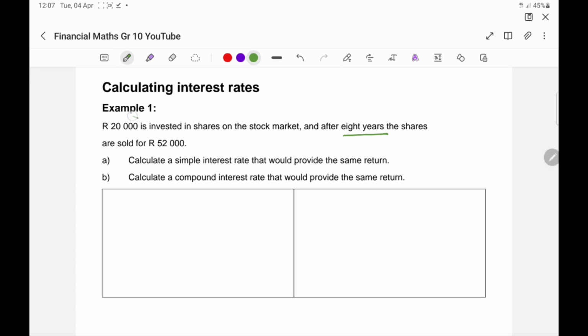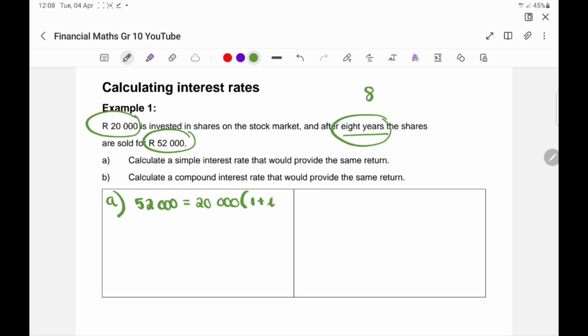Okay, so in both of the scenarios, we've got the present amount, we've got the future amount, and we know that it's 8 years. So in our formula, if you are working with A, the simple interest, you've got 52,000 is equal to 20,000 times 1 plus the interest we don't know, and we know that it's times 8.